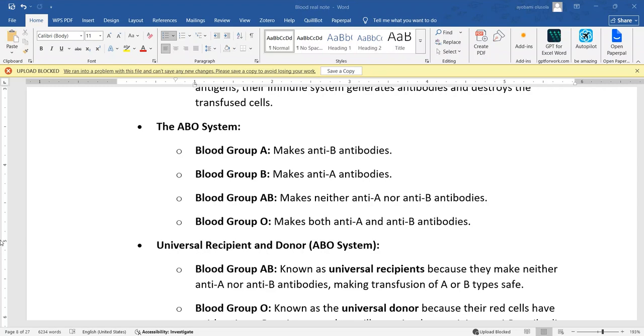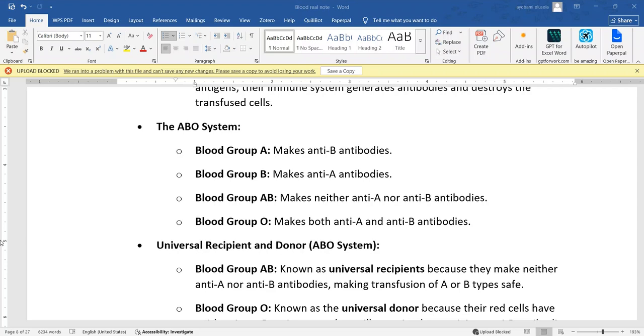Now, blood group O does not have antigen, but contains antibody against A and B. So they are universal donors. They can donate because the blood does not have any antigen. All right. But O negative are the universal donor.